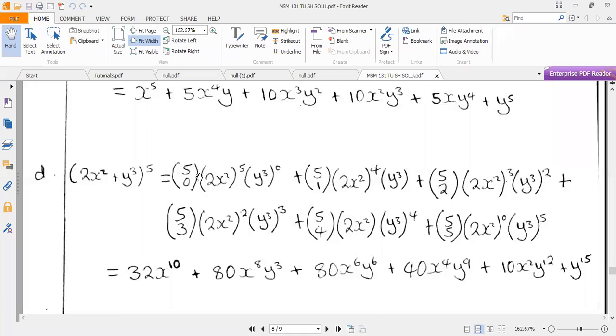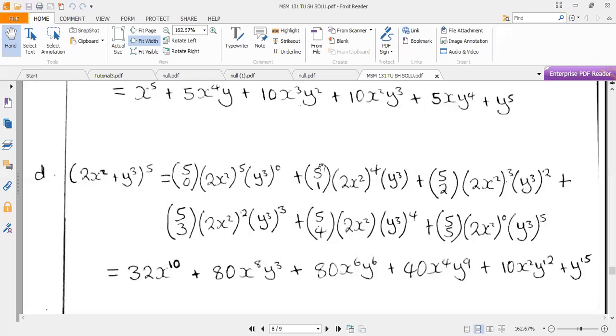So you notice that this is 2x squared, so it won't come out as 2x to the 5. No. So 5 choose 0 is 1, then y cubed to the power 0 is 1. So you remain with 2x squared to the 5. 2 to the 5 is 32. x squared to the 5 is x to the 10 because you multiply the powers. So it will be 32x to the 10.